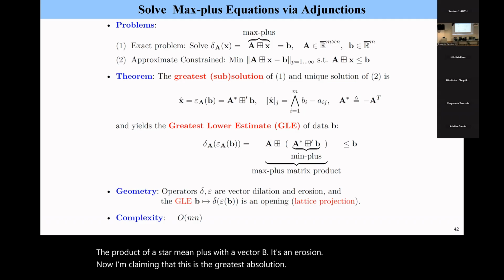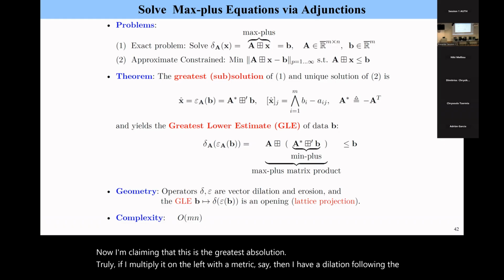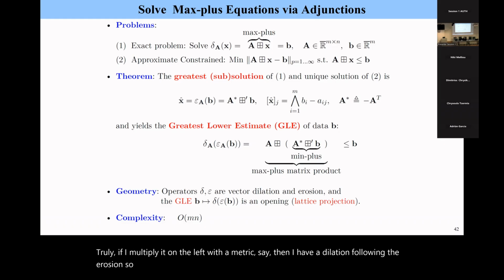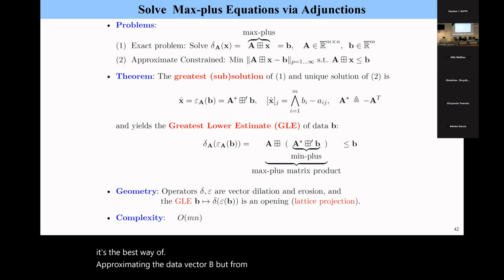Truly, if I multiply it on the left with a matrix A, then I have a dilation following the erosion. So this combination, erosion followed by dilation, it's an opening, it's a projection. It's the best way of approximating the data vector B, but from below.